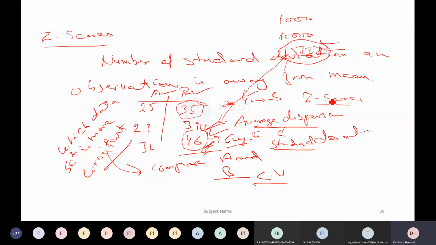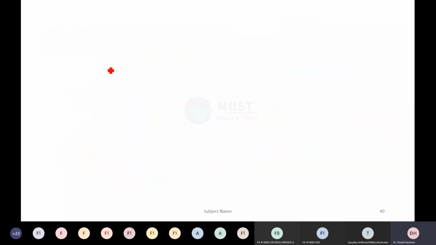And we normally discuss the dispersion of any observation from the mean in terms of z-score, that is, how many standard deviations an observation is away from the mean.